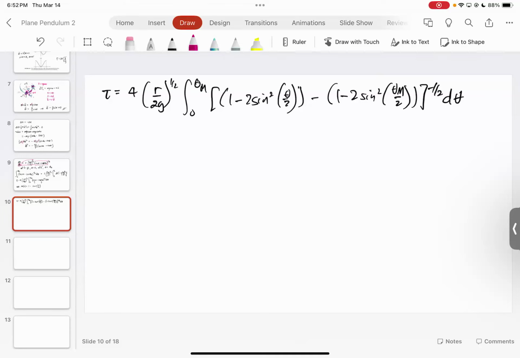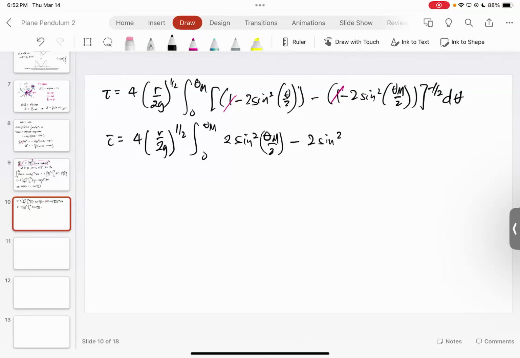Of course the 1 cancels, and we are left with 2 sine squared theta sub m over 2 minus 2 sine squared theta over 2.